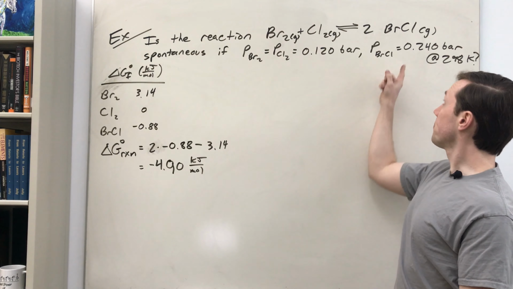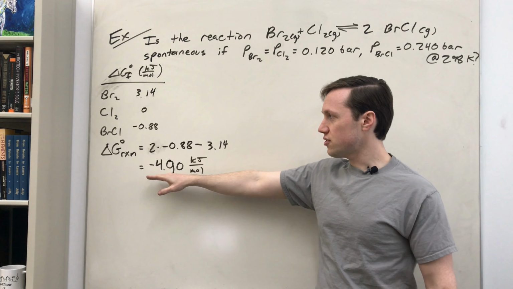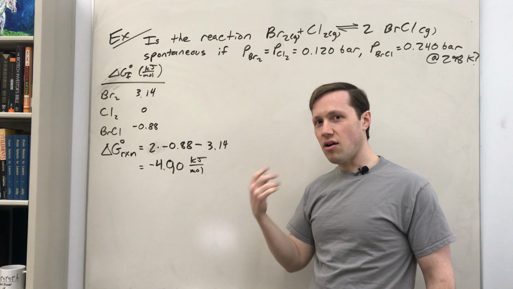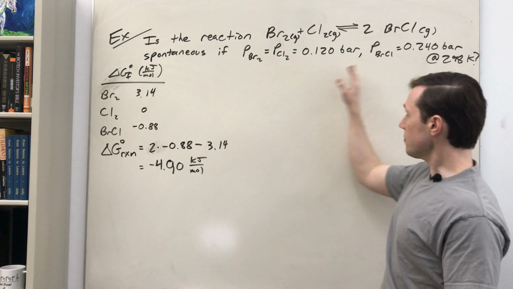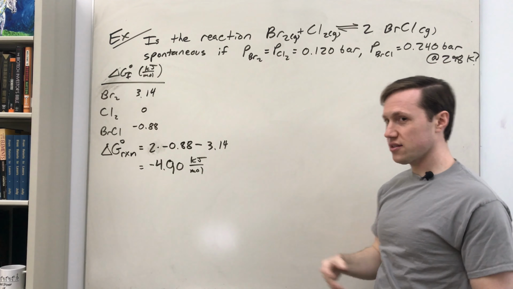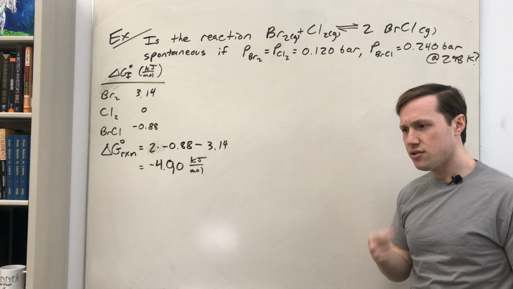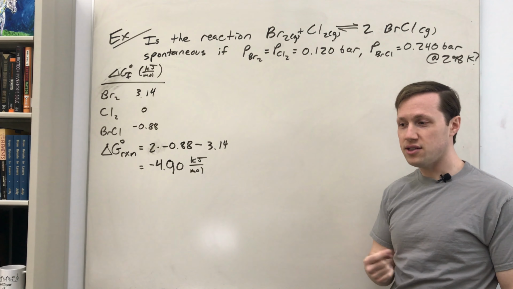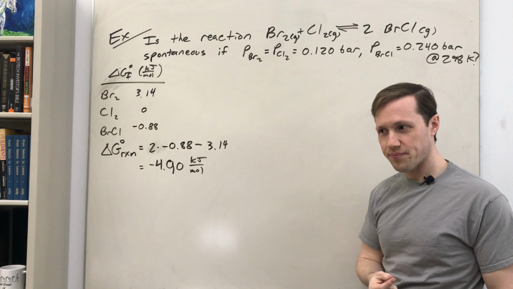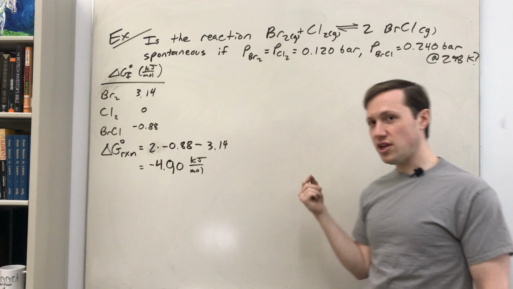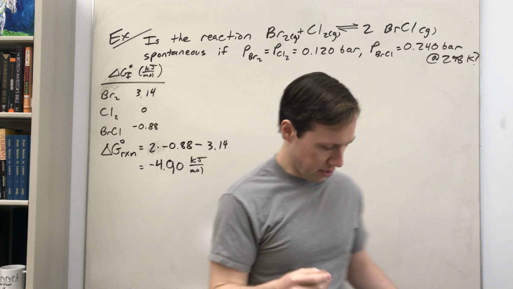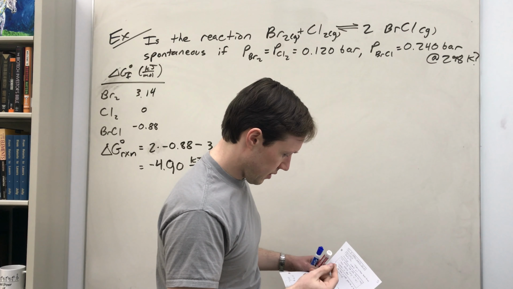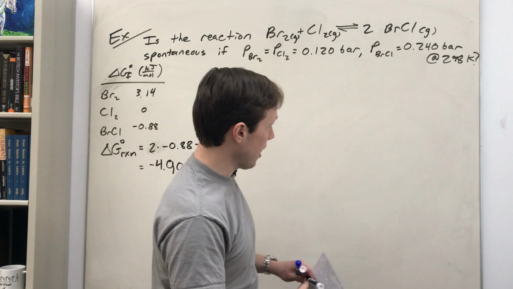And what's more, even though this may favor our products, we currently have more products than reactants. So that means we've run into a bit of an issue, at least based on what we used to know. We need to adjust this for our new temperature and pressure. So let's do that.